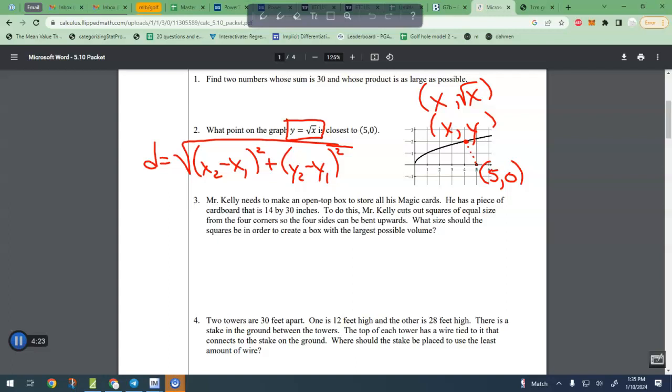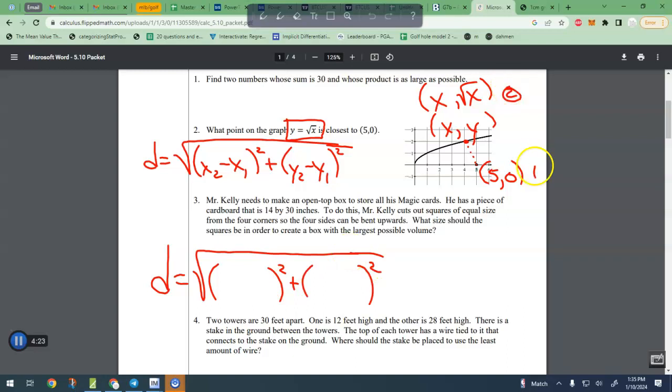Does that make sense what I'm doing here? To get to the square root of x there? And then I'm just going to plug in. So my distance would be the square root of, let's call this my second point and this my first point. It doesn't matter as long as you go the same direction every time.